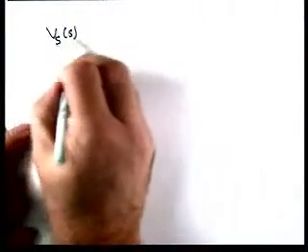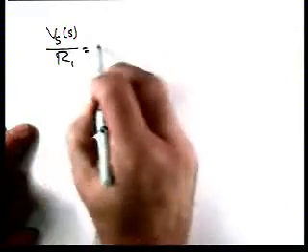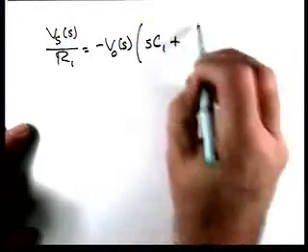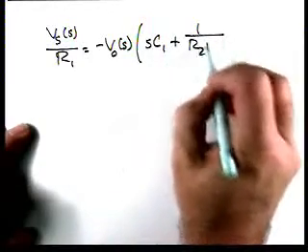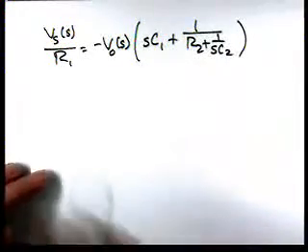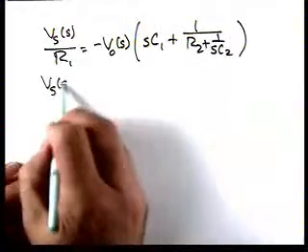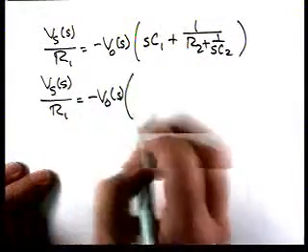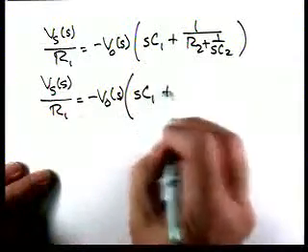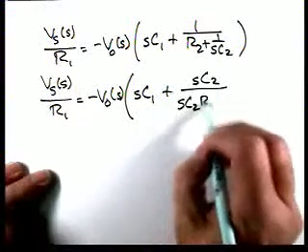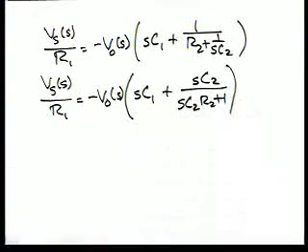So we can rewrite this equation as V sub S of S over R1 is minus V0 times SC1 plus 1 over R2 plus 1 over SC2. And continuing to work, we have SC1 plus SC2 over SC2 R2 plus 1.